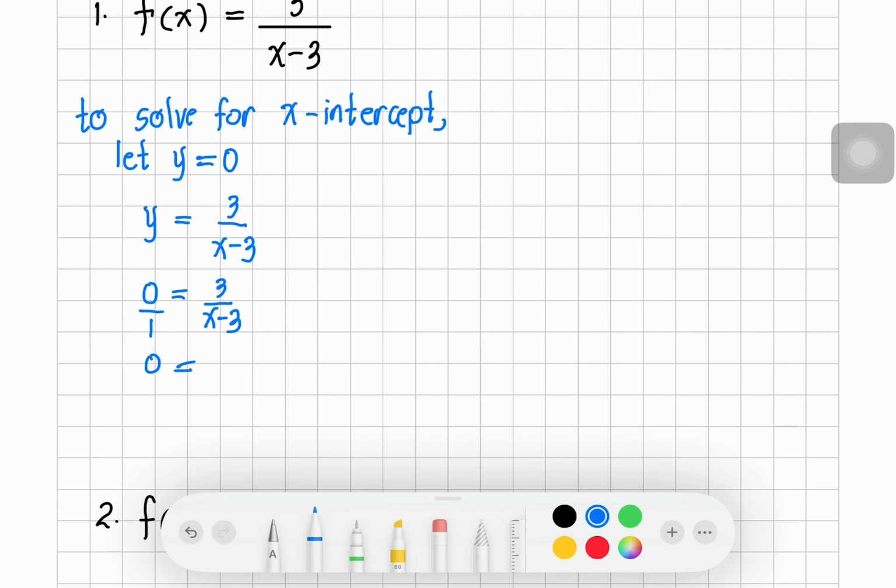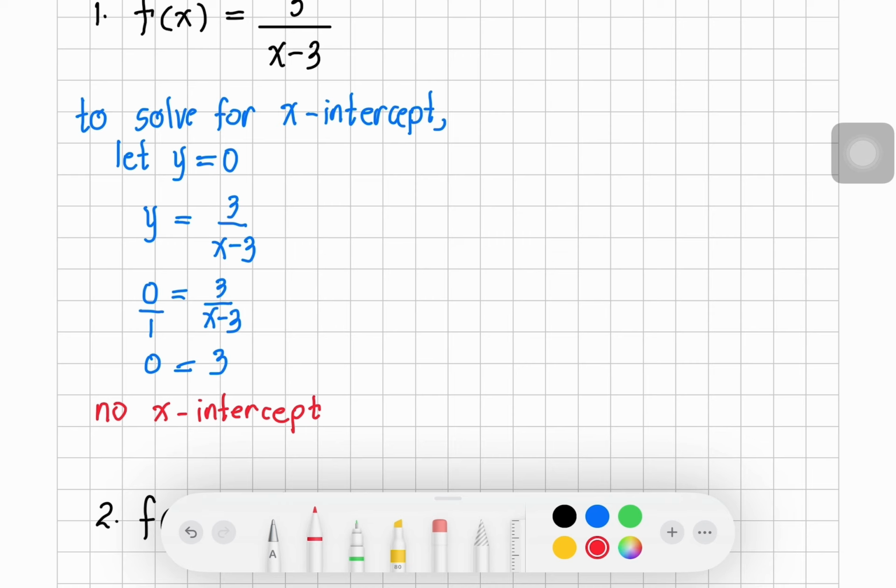And then, 3 times 1 equals 3. So guys, as we can see, we don't have an x-intercept. So we simply write no x-intercept. This means the value we would get is for our x-intercept, but here, we did not get a value. So, our answer is no x-intercept, or there will be no x-intercept.